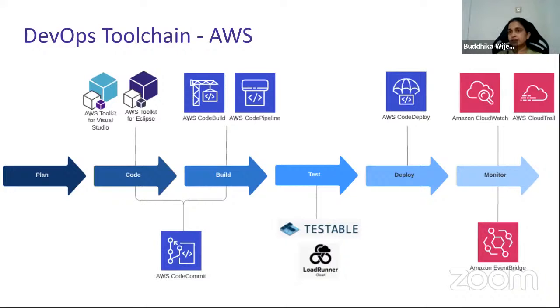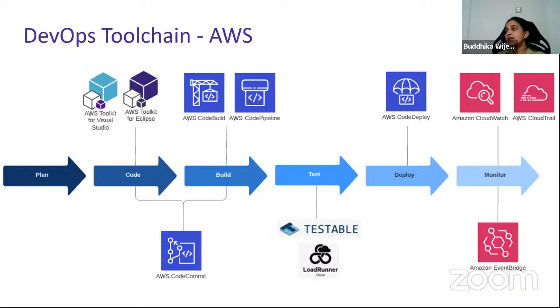Okay, let's start with DevOps tools. I'll just introduce the DevOps tools provided by AWS that can be used to implement the DevOps lifecycle. So when it comes to the code stages, we have the development toolkits provided by AWS.